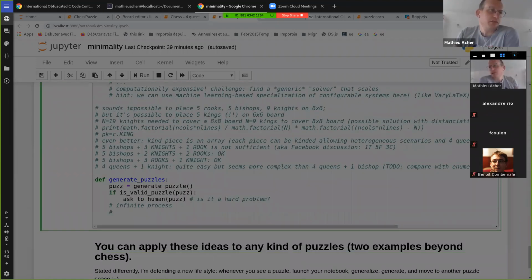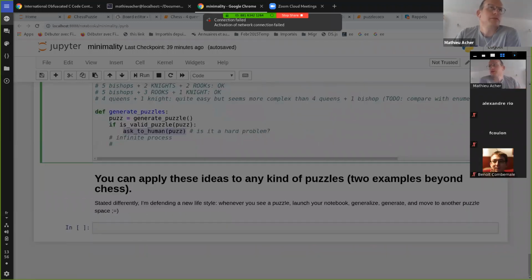So you will generate some puzzle. If it's valid from a semantic point of view and from your own criteria, it will pass. And then you will ask a human if it's a nice puzzle, because the aesthetics of a puzzle, the difficulty of a puzzle, it's quite subjective. So here you have to ask a domain expert, right, whether it's worth doing.